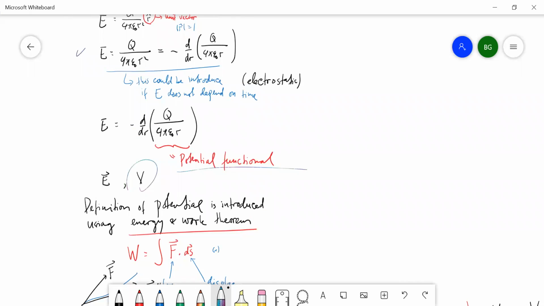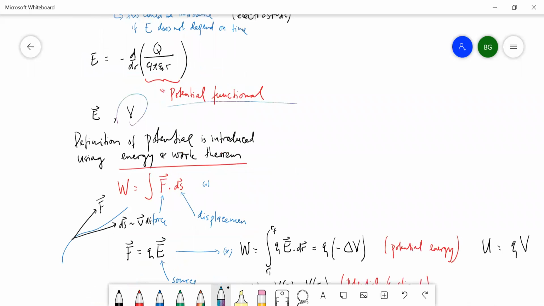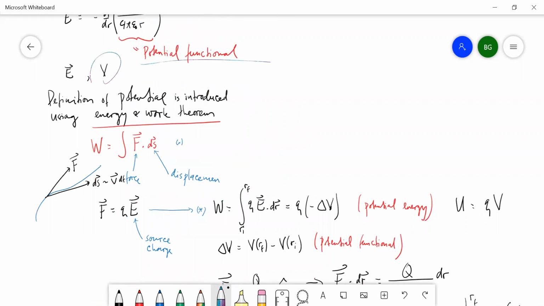Itu elektrostatik. Nah, definisi potensial, baik potensial energi maupun fungsi potensial, dimulai dari teorema usaha dan energi, bahwa W di sini sama dengan integral F dot ds. Kalau kita tahu gaya dari hukum Coulomb, gaya elektrostatik itu adalah Q, muatan uji atau test charge, dikalikan dengan E, yaitu medan listrik yang berasal dari muatan sumber.